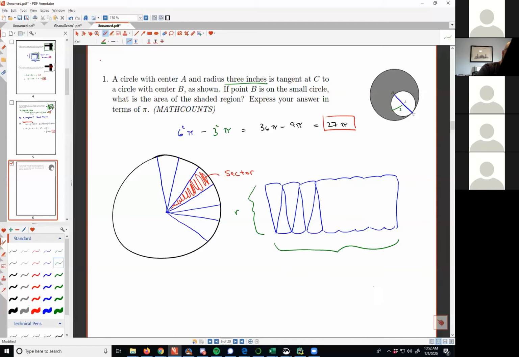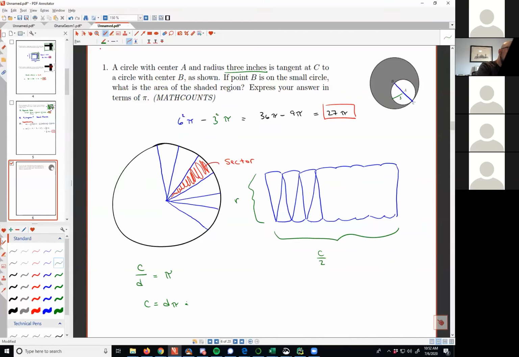The circumference divided by... Yeah, it's about half the circumference long. And what do we know about the circumference of a circle? It's pi times the diameter. By definition, the ratio of the circumference to the diameter is pi. So C equals d pi, and the diameter is twice the radius. So we have 2r pi.